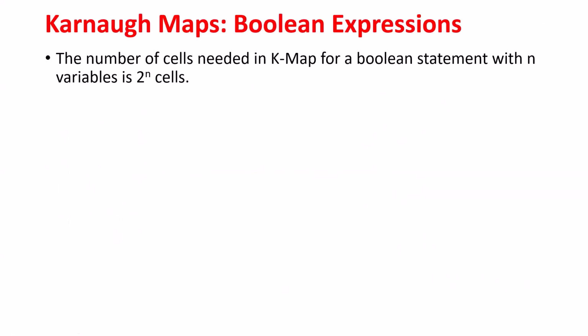Now, let's look at the construction of Karnaugh maps and see how to use them to simplify Boolean expressions. K-maps are visual aids for simplifying Boolean statements and are especially handy for expressions containing several variables.